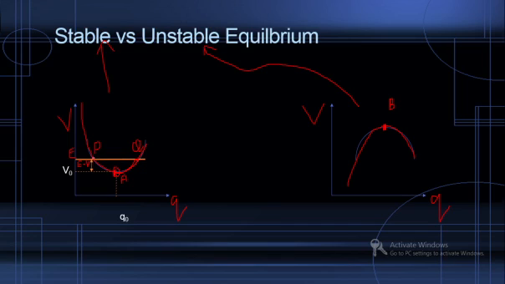So the body will have kinetic energy. Okay, and as soon as it returns back to the rest position, it will convert into potential energy. So that is how switching over between potential energy and kinetic energy will happen. So that is the representation of a stable equilibrium.